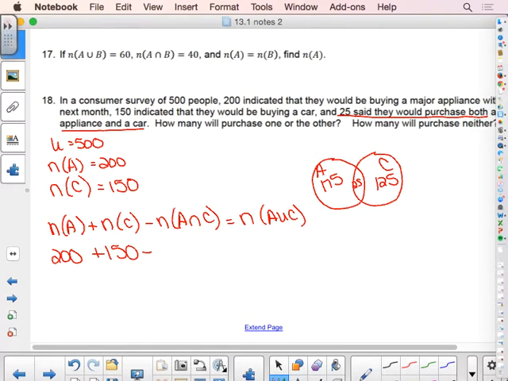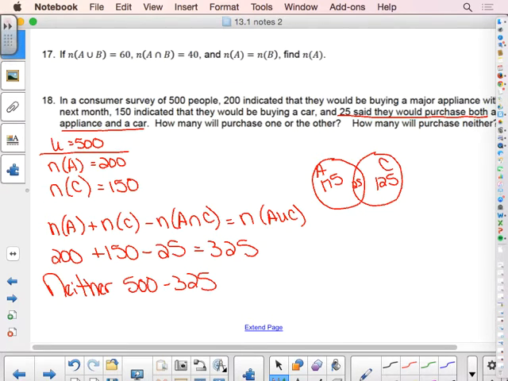Number buying both was 25. And that equals 325. We said there's 500 in the universe. So of the people surveyed, the 500, which is the universe, minus the 325 that indicated they would buy an appliance or a car, that leaves 175 people who will buy neither.